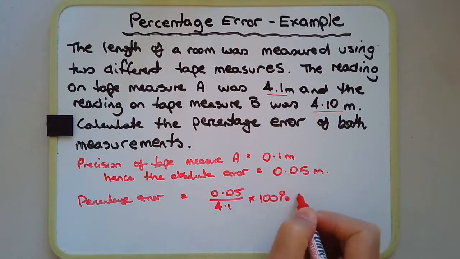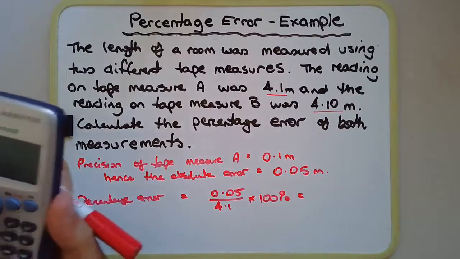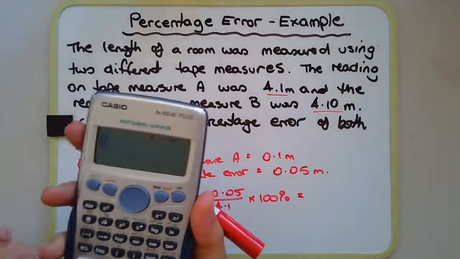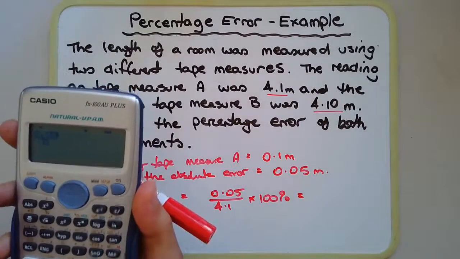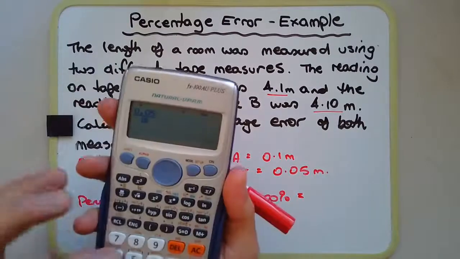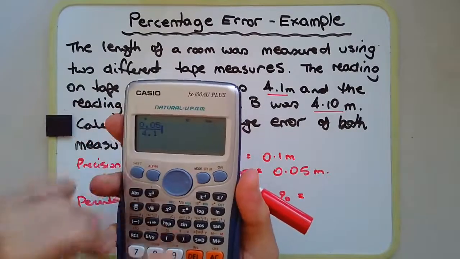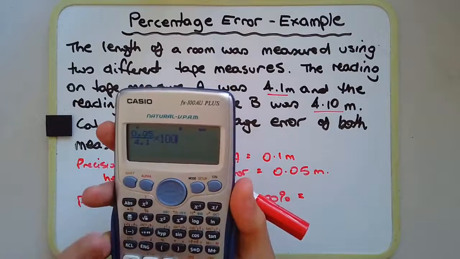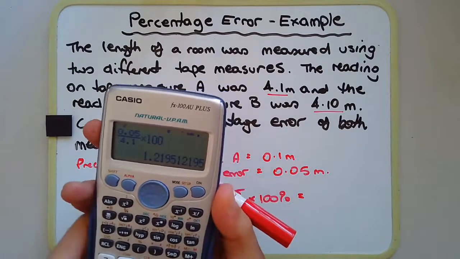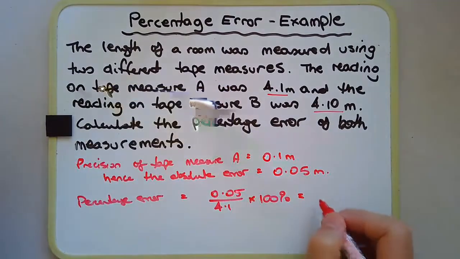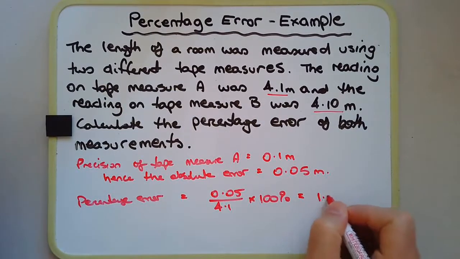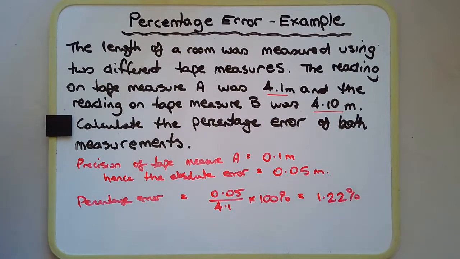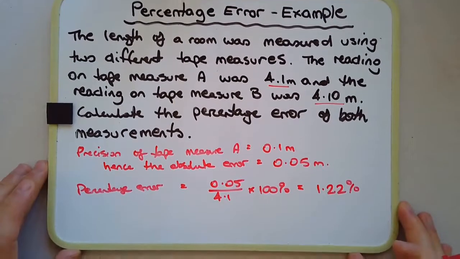Of course, that'll be a percentage. 0.05 over 4.1 times 100, and we get 1.22. Let's leave it to 2 decimal places: 1.22%. So slightly over a percent there.